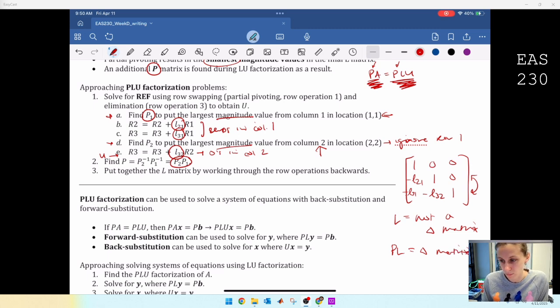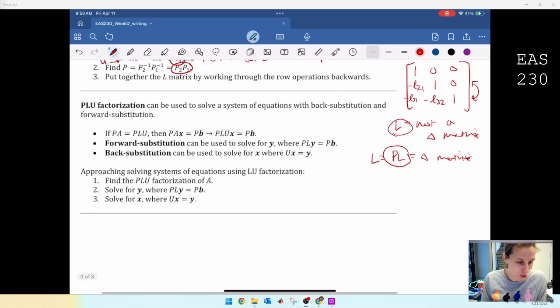I will most likely keep L as not a triangle matrix, just in terms of solving. But just know that sometimes L, by definition, is a strict triangle matrix. When we do PLU factorization, it doesn't show up as a triangle matrix, so in order to get a triangle matrix, we have to do that PL. So sometimes you'll see L written as this. I will try to distinguish between the two.